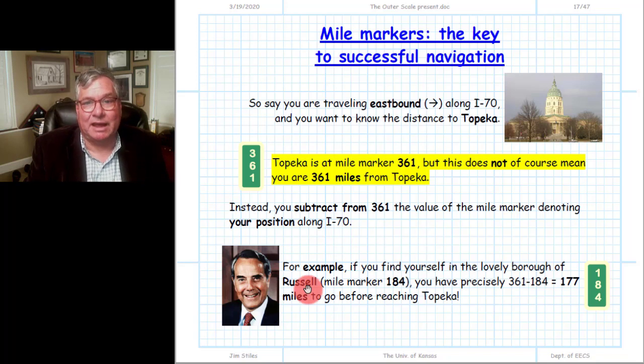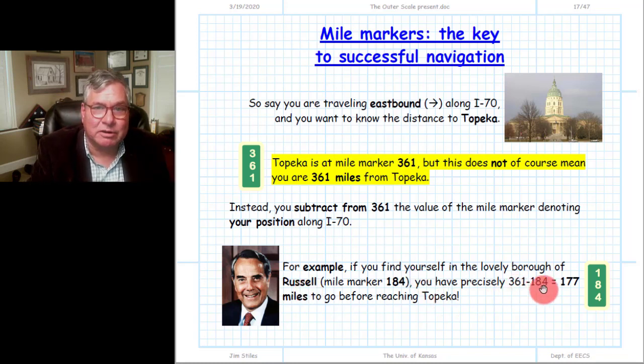To determine the distance to Topeka from where you are, you simply subtract the mile marker at Russell, 184, from the mile marker at Topeka, 361, and that would give you a distance of 177 miles.